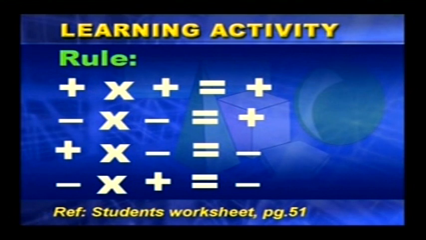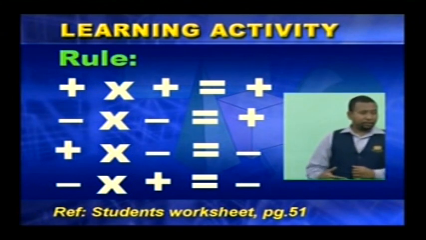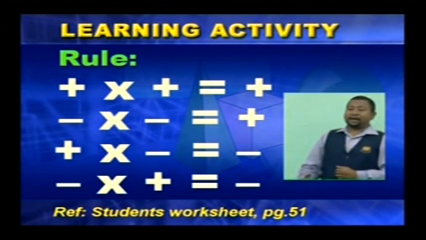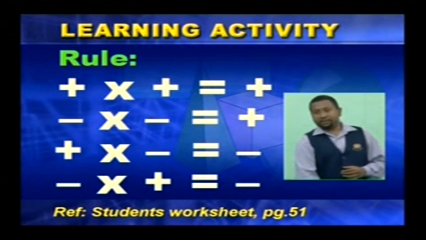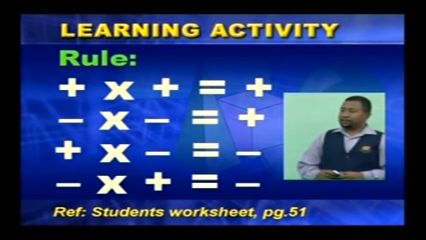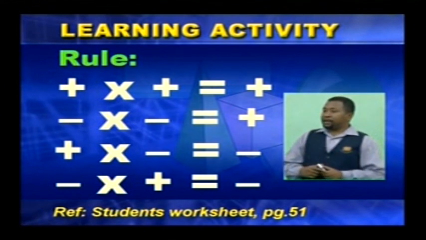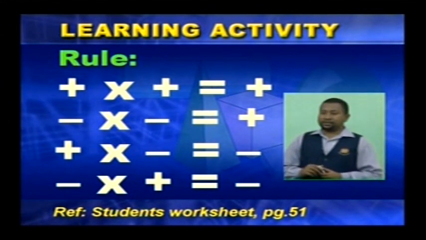The first one, when you are multiplying a positive integer with a positive integer, the answer is always positive. Second rule, when you are multiplying 2 negative integers, the answer is always positive.